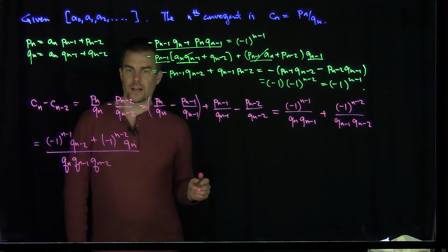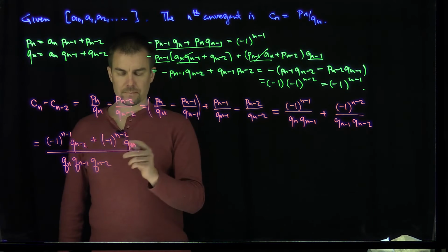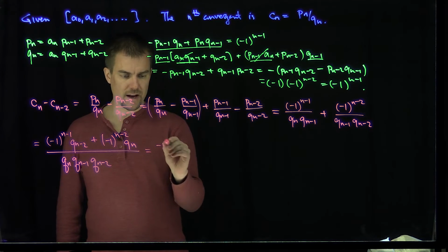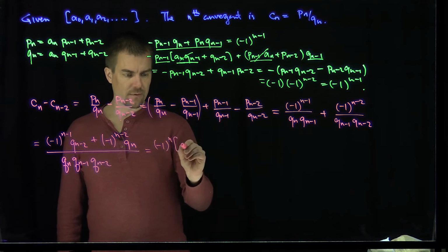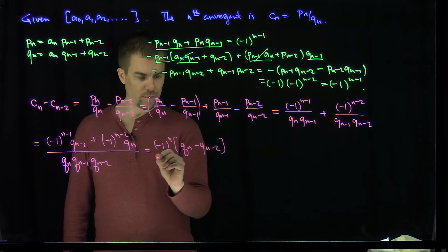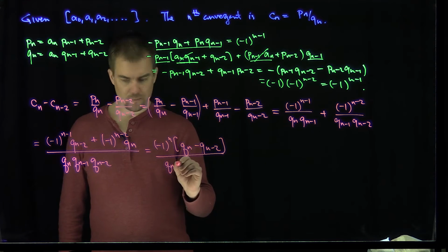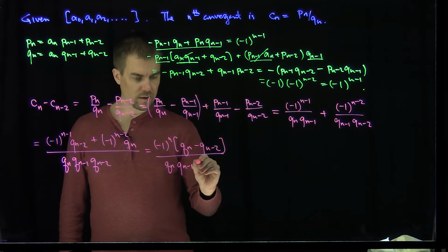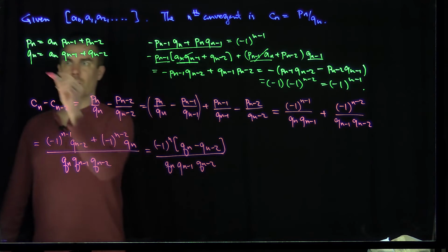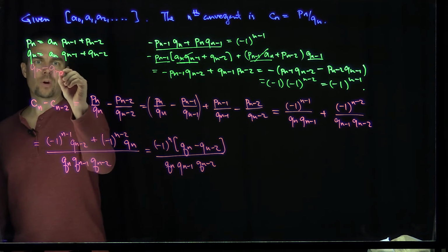This has the same parity as negative 1 to the n, so I'm going to factor out a negative 1 to the n, and I'll be left with Qn minus Qn minus 2, all over Qn, Qn minus 1, Qn minus 2. Now by my recursion formula, I know what Qn minus Qn minus 2 is.